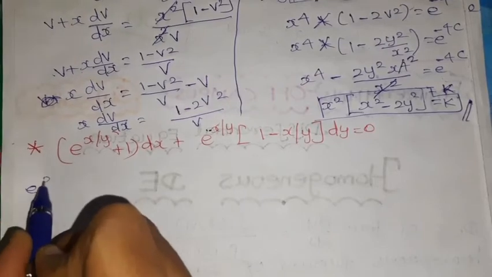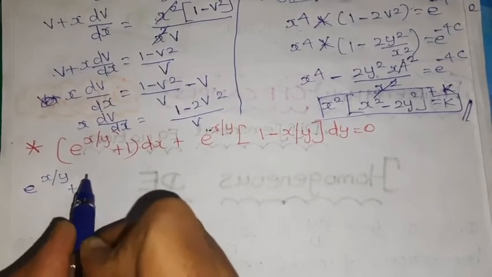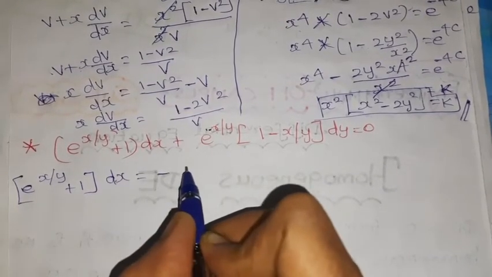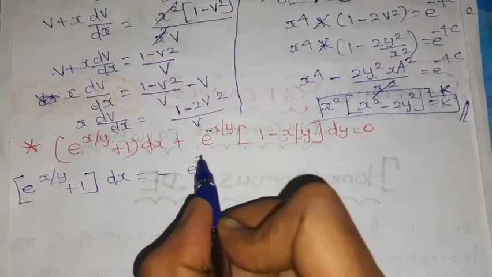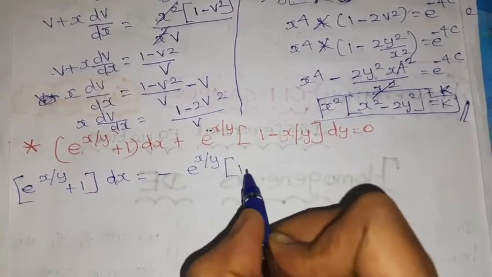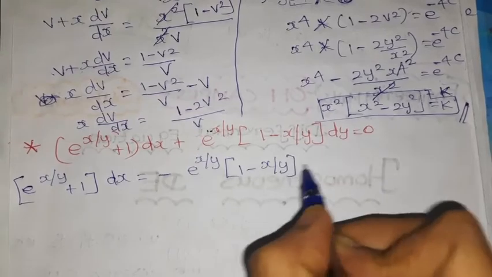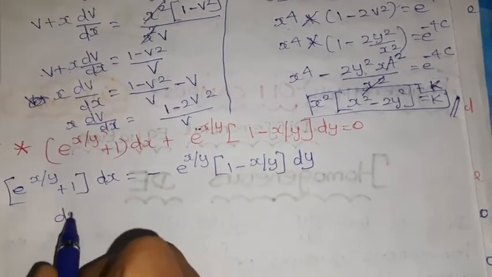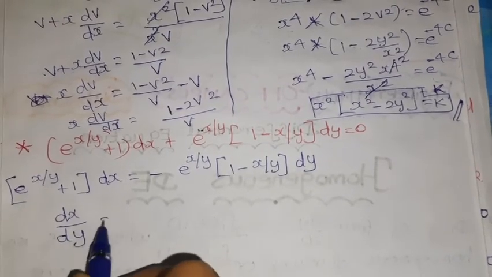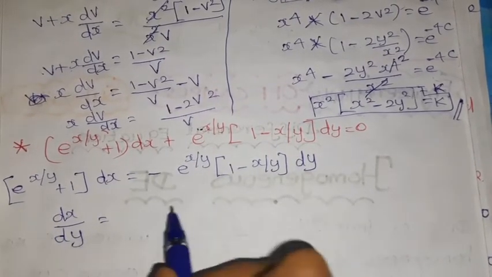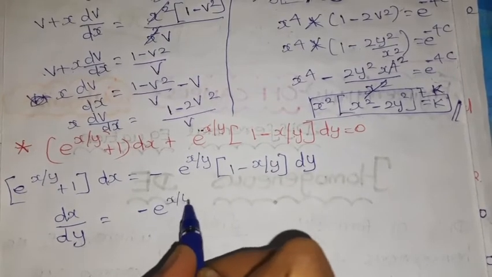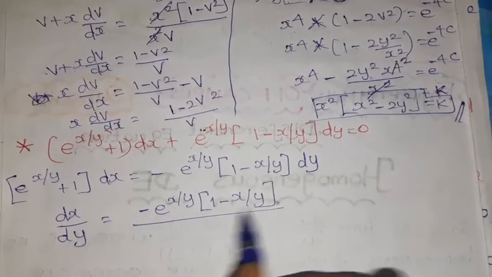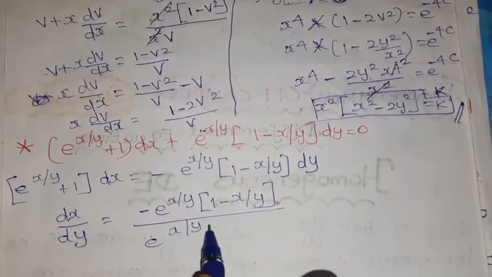Let's see, e power x by y plus 1 into dx equals minus e power x by y into 1 minus x by y into dy. So dx by dy equals minus e power x by y into 1 minus x by y divided by e power x by y plus 1.